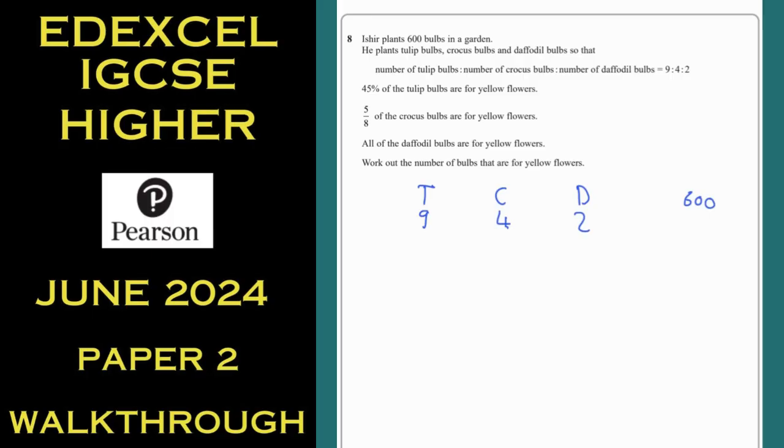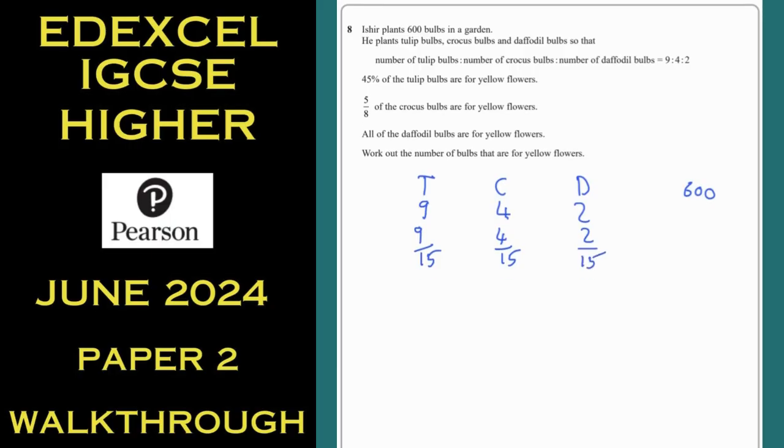And looking ahead, as you can tell, it kind of goes into fractions and stuff like that. So I'm going to change these ratio numbers into fractions. It's 9 out of 15. It's 4 fifteenths and 2 fifteenths.